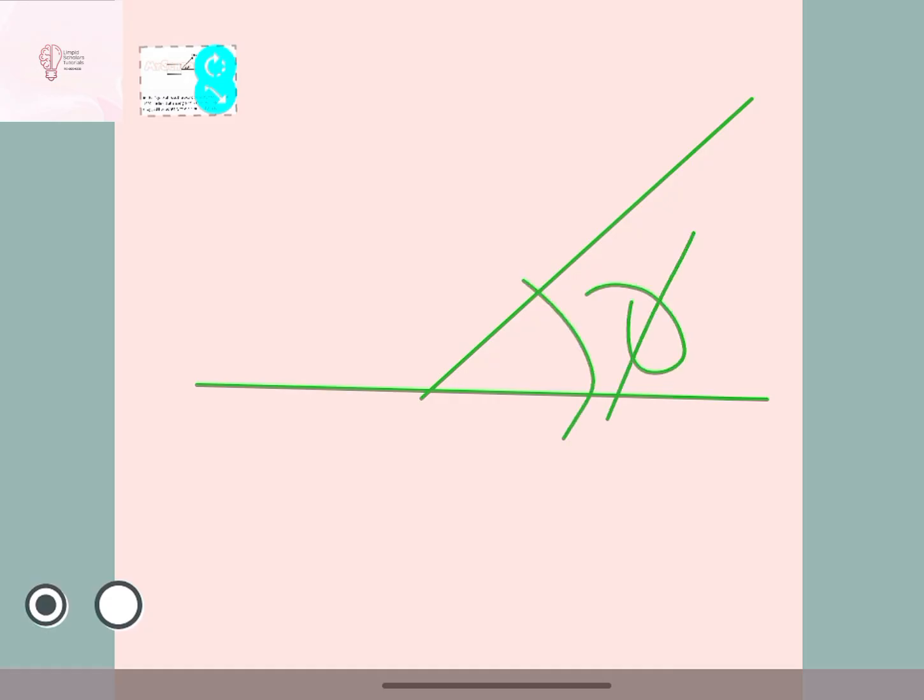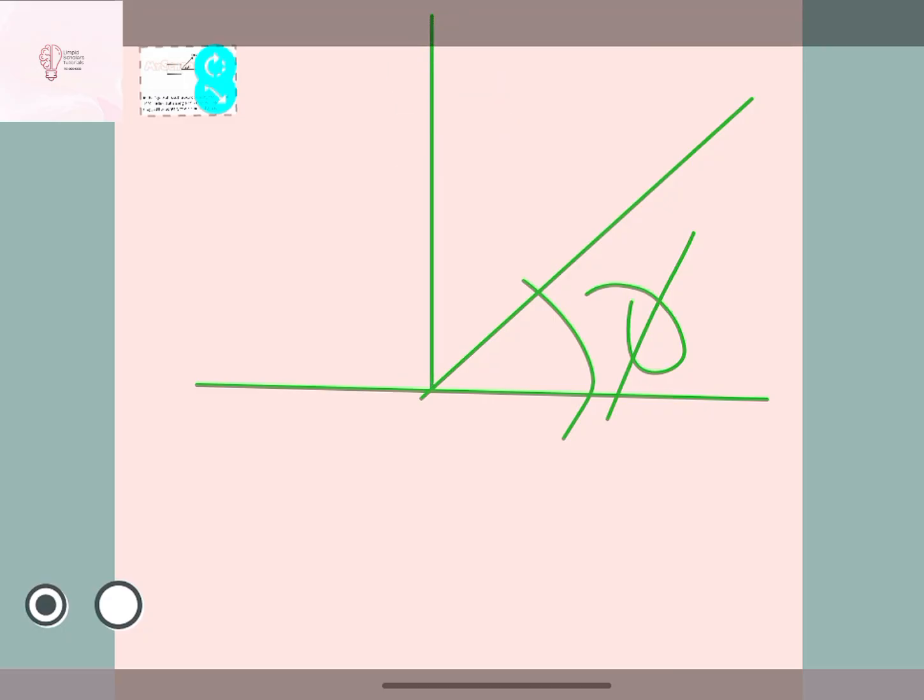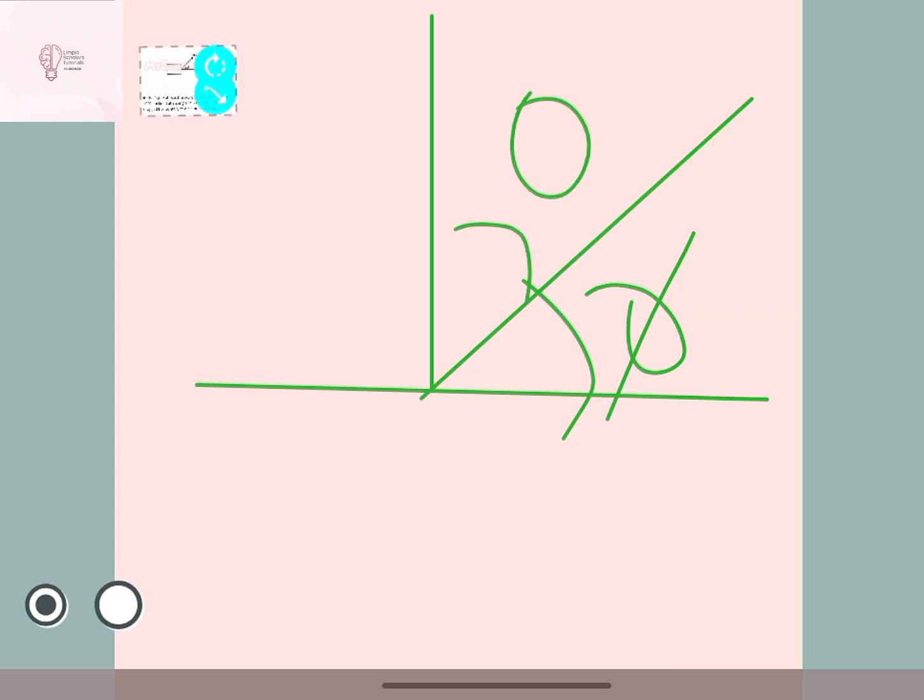Take note. Do you understand? So when the angle now is between the vertical line and the inclined line, you are going to use sine. Do you understand? So that's all about this.